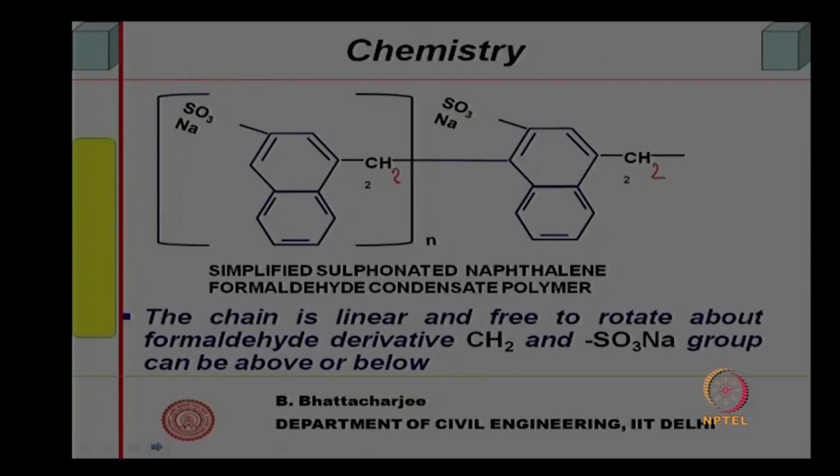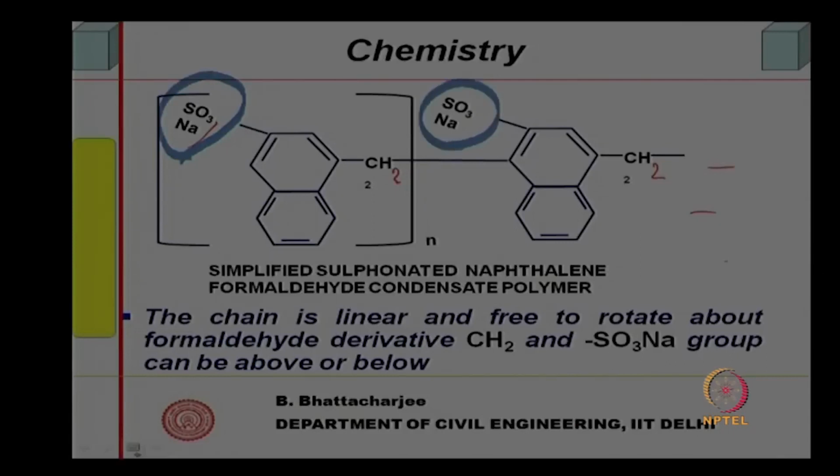This chain is linear, so a linear chain will be formed, and it is free to rotate about the formaldehyde derivative CH2, and the SO3 Na group can be above or below.